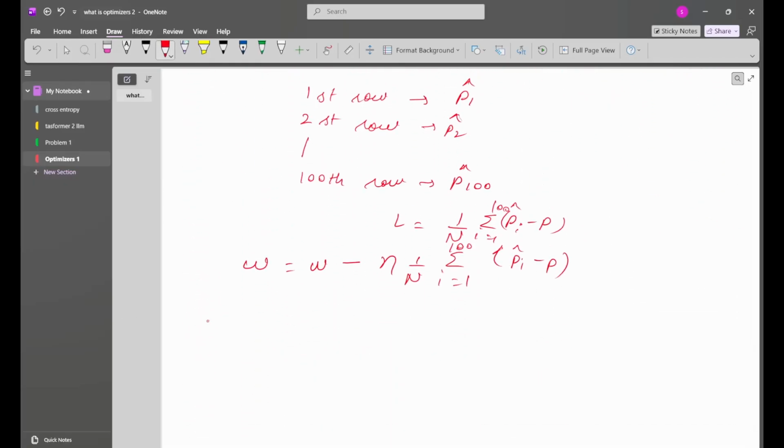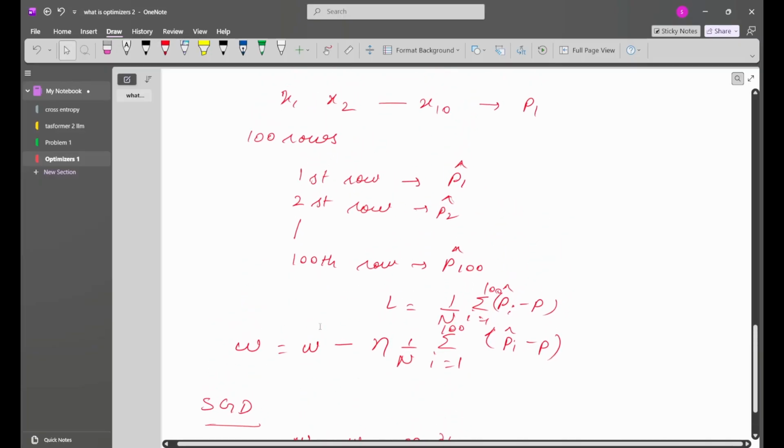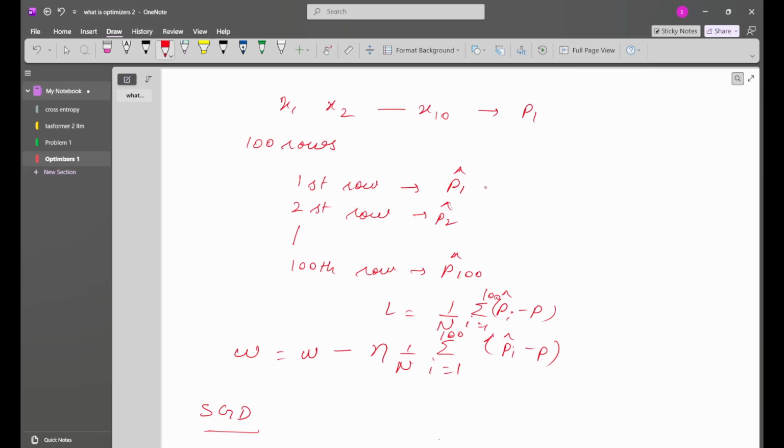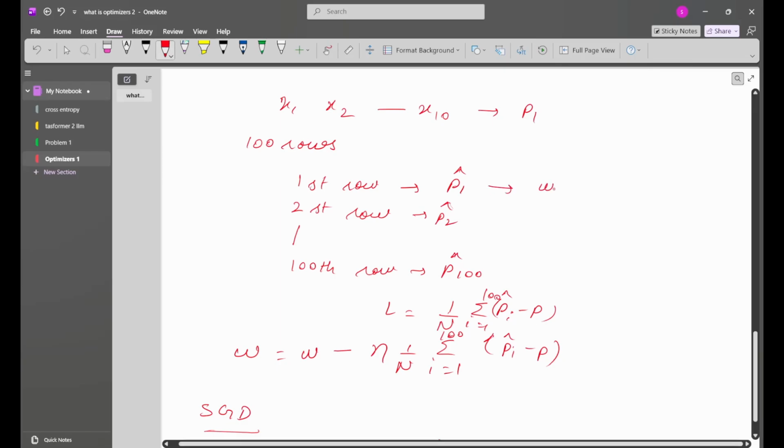Now let's move to stochastic gradient descent. Stochastic gradient descent updates weights using one data point at a time, using the same formula. Unlike gradient descent, which uses the whole dataset, this time we predict one price and then update weights.